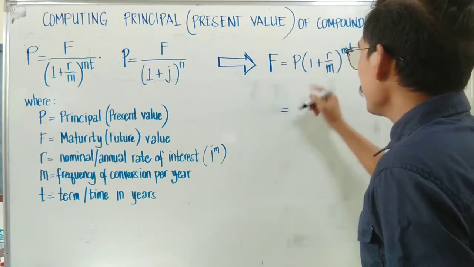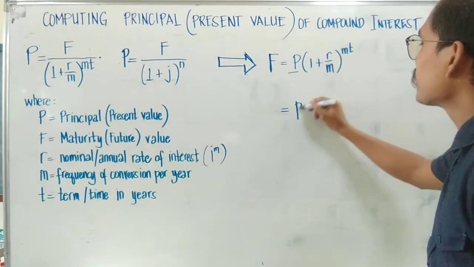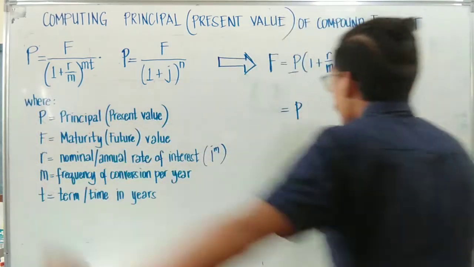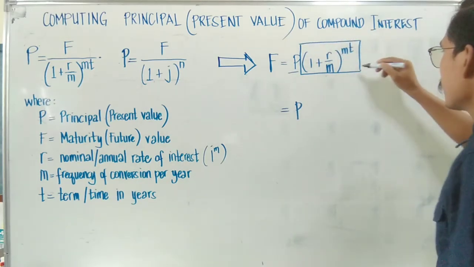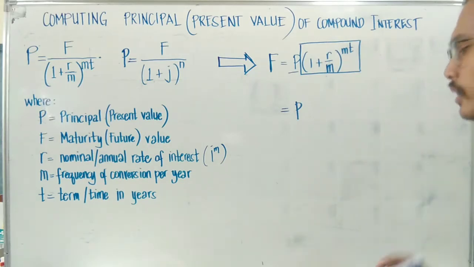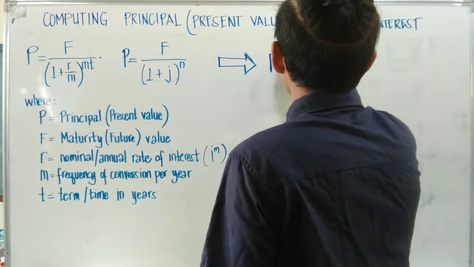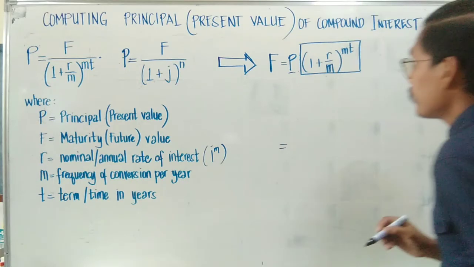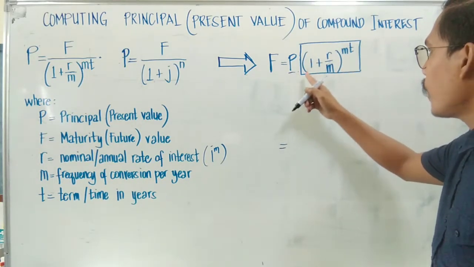So to isolate P on the other side, we will isolate P, your principal. So we will be trying to eliminate or manipulate this quantity 1 plus R over M raised to MT. Okay, so it is very simple. So I will move P for you to see the process. If you can see, we have P times the quantity.